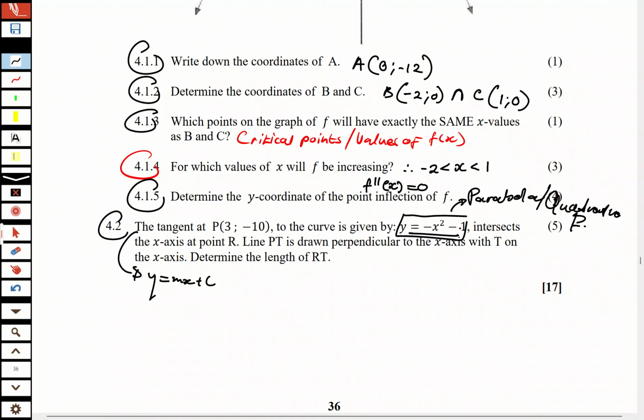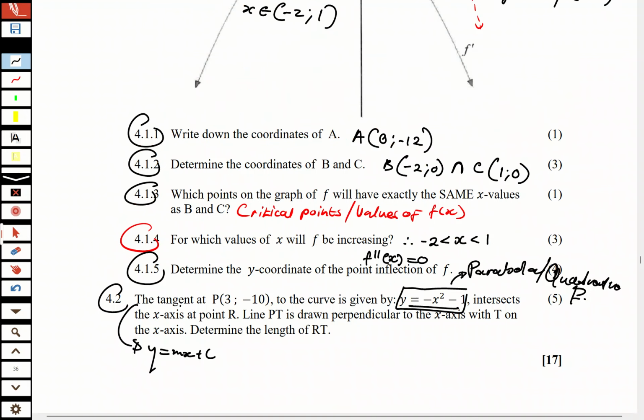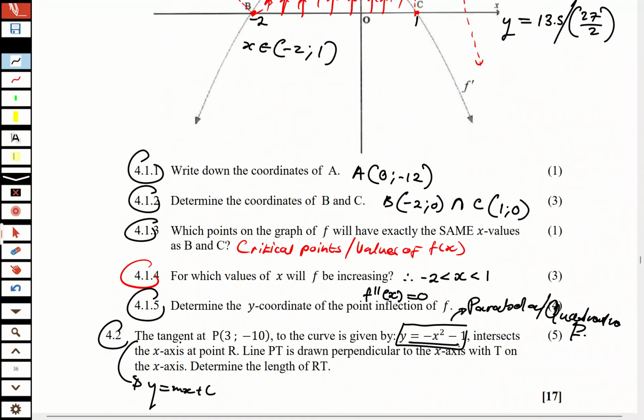So what we are going to do is to say, okay, what if this tangent is the tangent to our parabola, which is the equation of x squared minus 1? So what if this tangent is to this function there? Don't worry, this tangent has an equation of that. So now let's go and deal with that.